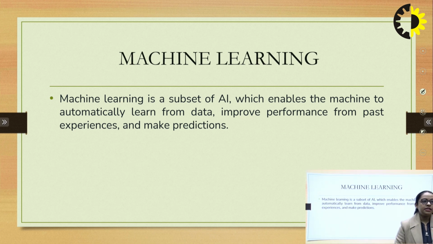Machine learning is a subset of artificial intelligence that enables our machine model to automatically learn from the received input, or we can say training data, and then improve the performance of the machine on the basis of the patterns that we have received from the training data set, and make predictions with the help of those past experiences that we have received in the form of the training data set.